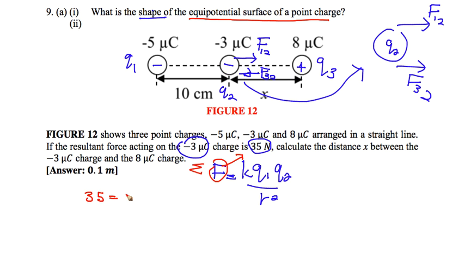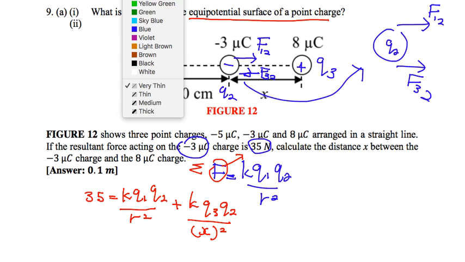K is a constant, this is q1 and q2, and the distance here is r squared. And the second force acting on q2 is between q3 and q2, and the distance here is x, so x squared.